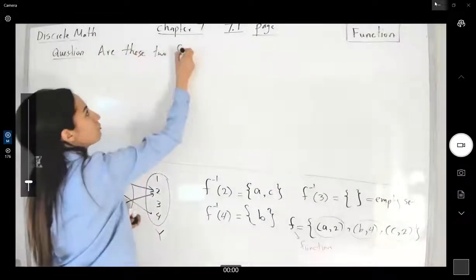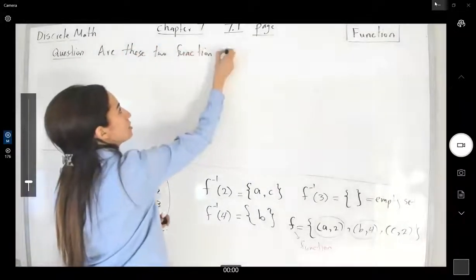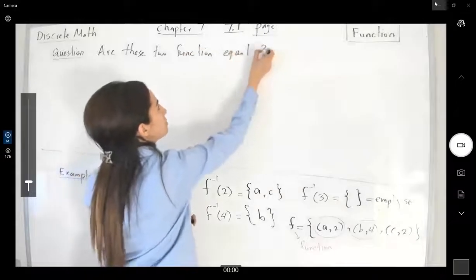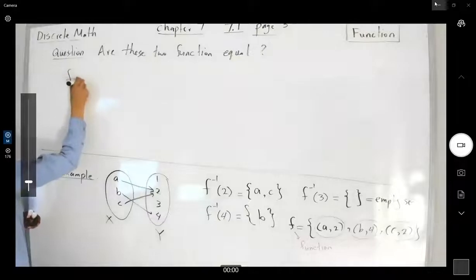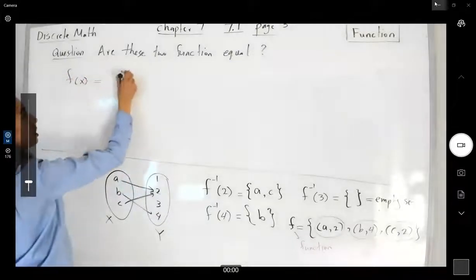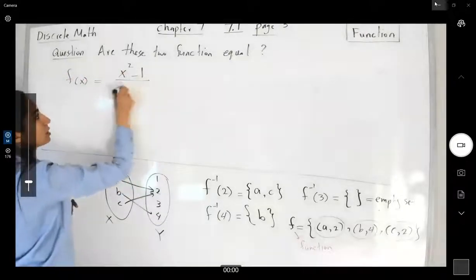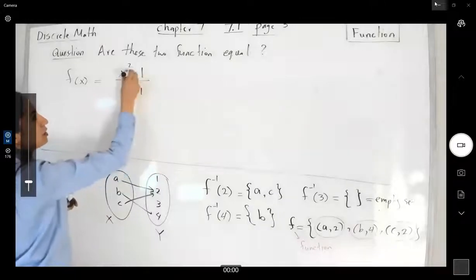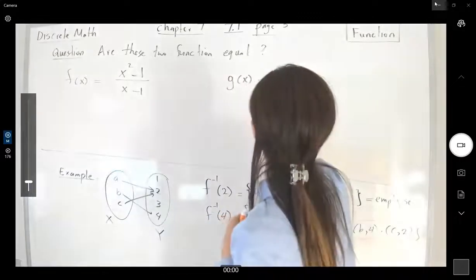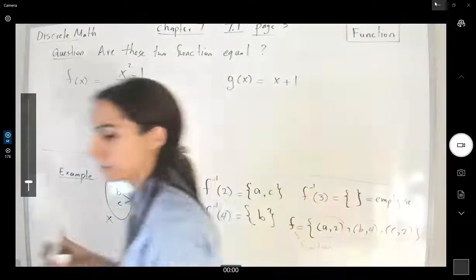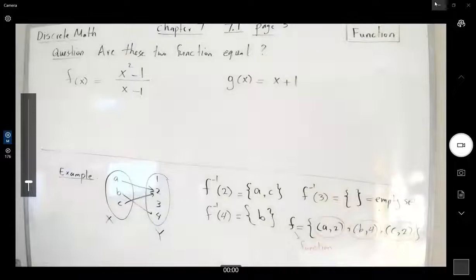So the very first function is f of x equals x squared minus 1 divided by x minus 1. And the second one, g of x, is equal to x plus 1. Are these two equal to each other?